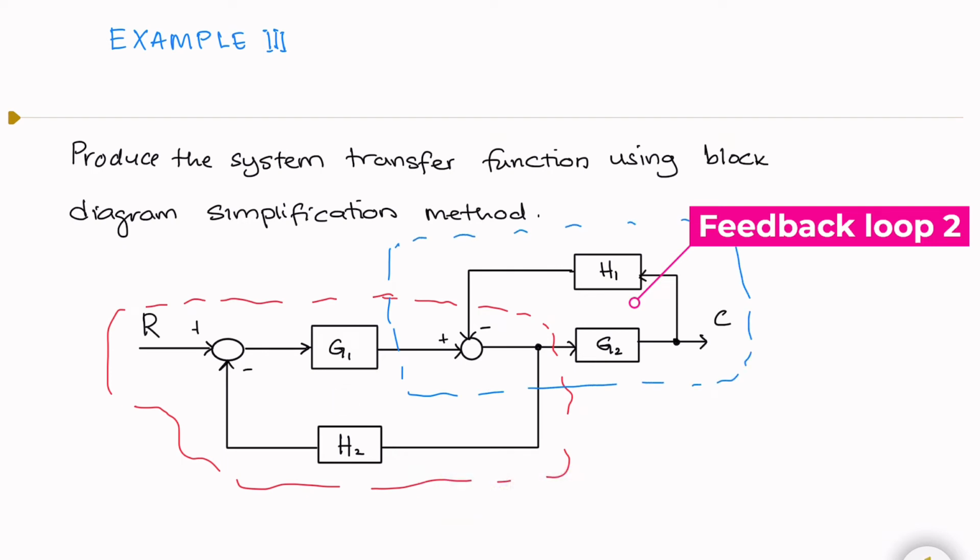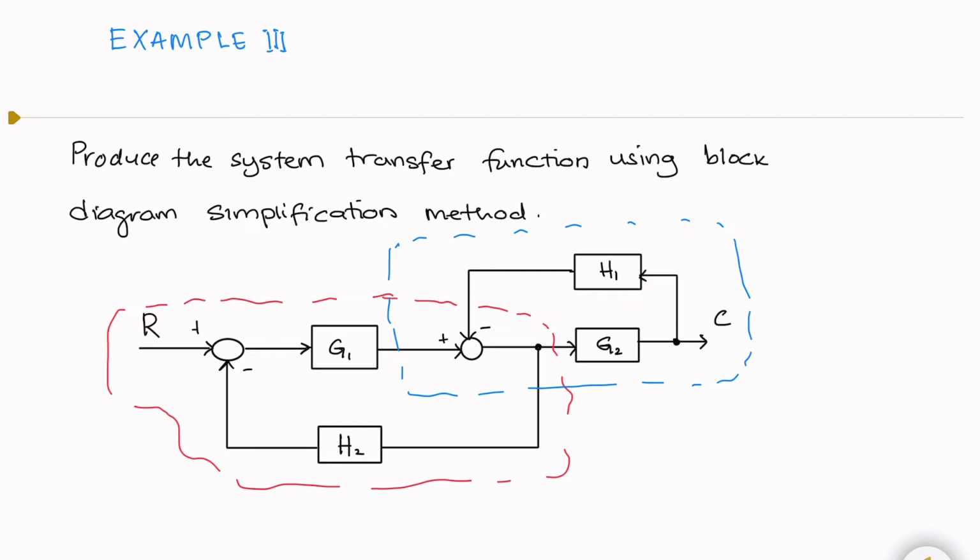Let's try to simplify these feedback loops. Can we simplify feedback loop number 1? No, we cannot simplify that. Can we simplify feedback loop number 2? No, we also cannot simplify that.